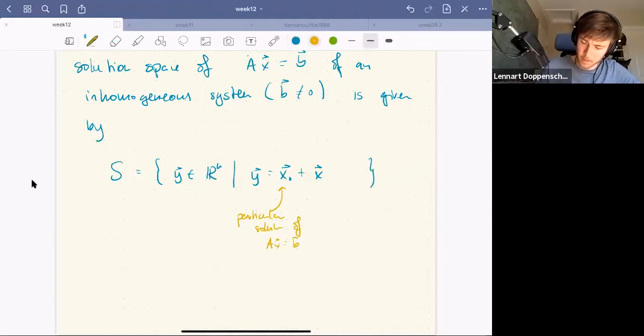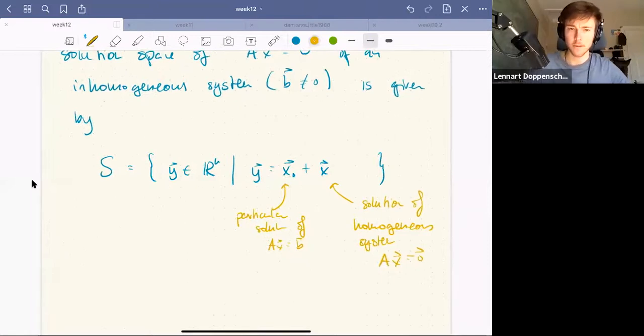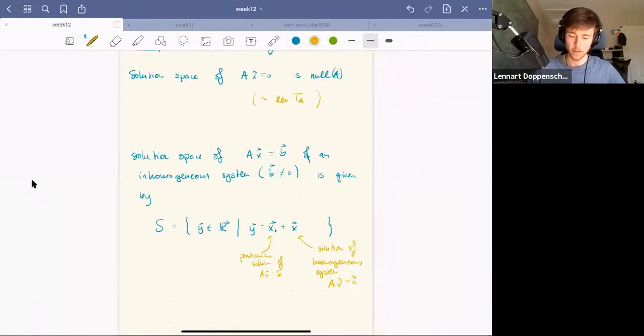Let me just write this again in the same style. So I hope you remember. Do you all remember this fact that a solution to an inhomogeneous system of equations is given by a homogeneous solution and any particular inhomogeneous solution? Or you could also say that any two solutions of the inhomogeneous system differ by a solution of the homogeneous system.